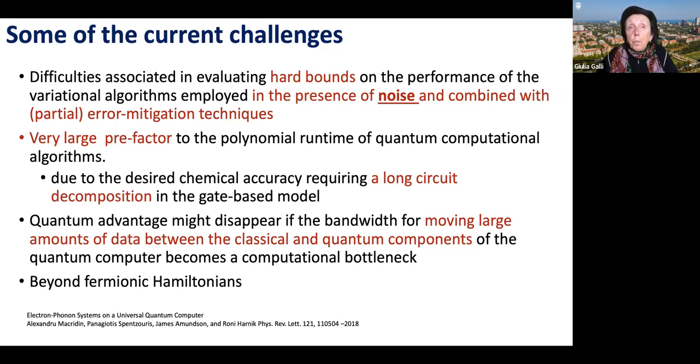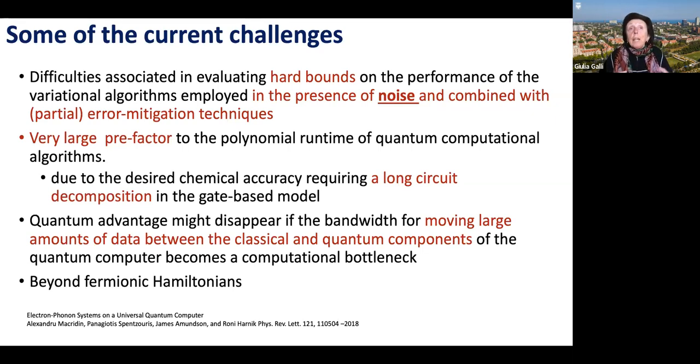So the reason why we want to learn about doing calculation on a quantum computer is that there is a hope, although not a bulletproof demonstration, that instead of having an exponential growth as a number of particles, as when I do full CI, I will be able to diagonalize the Hamiltonian in a polynomial runtime.